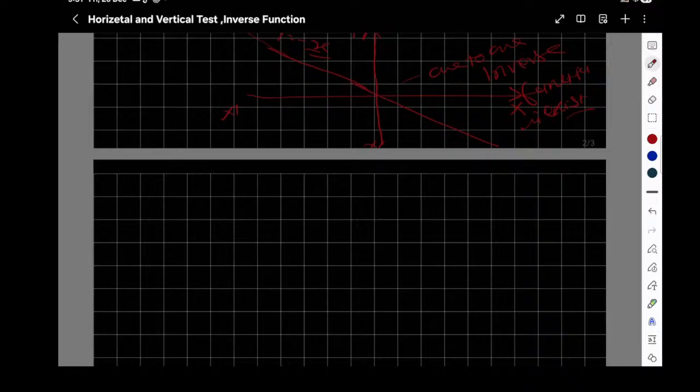Now we have to find out the definition of inverse function.